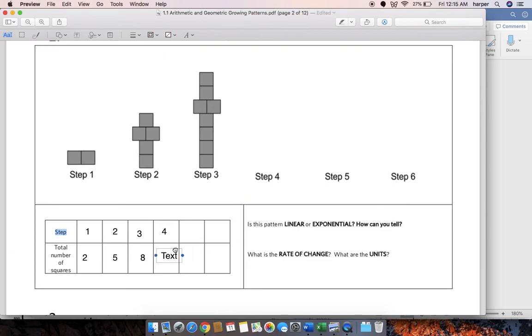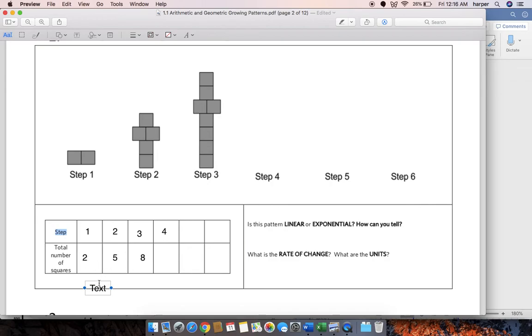Okay. So let's do some tests. So from step 1, we went from 2 to 5. Is there anything I can multiply 2 by to get 5? Well, no, I don't think it's a multiplication.